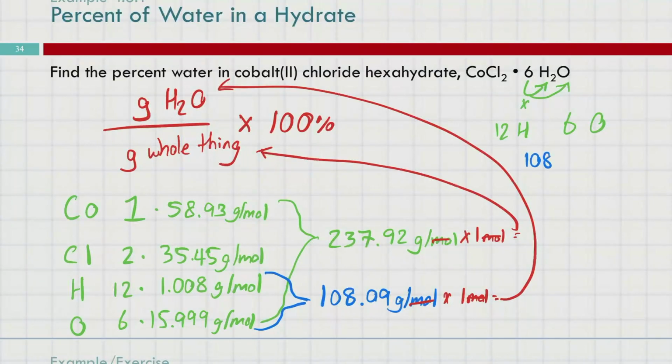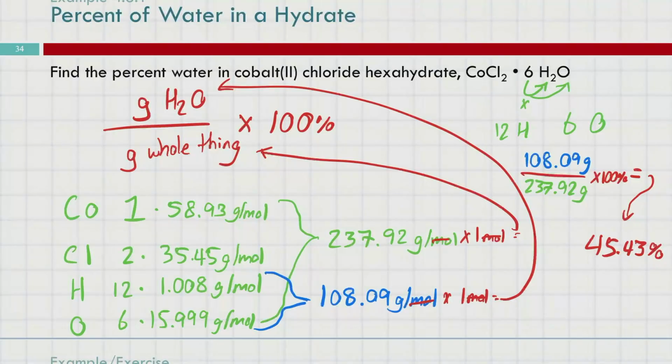So now that I've used up most of the space drawing in those arrows, let's do the rest of the calculation. So 108.09 divided by 237.92 times 100. This would be 45.43% water by mass.